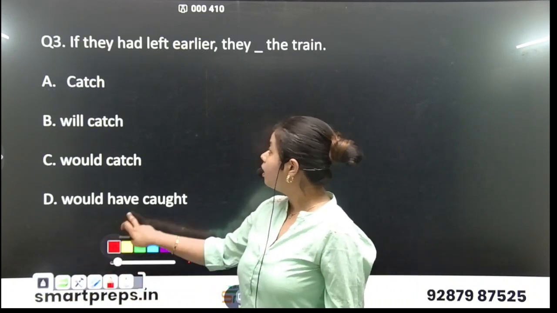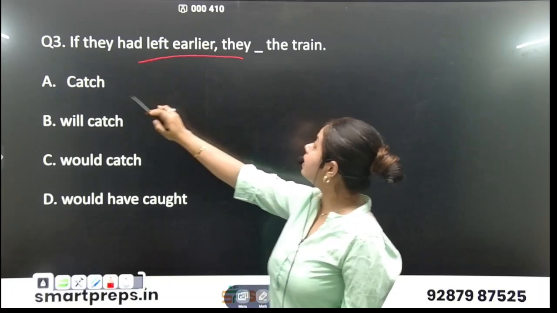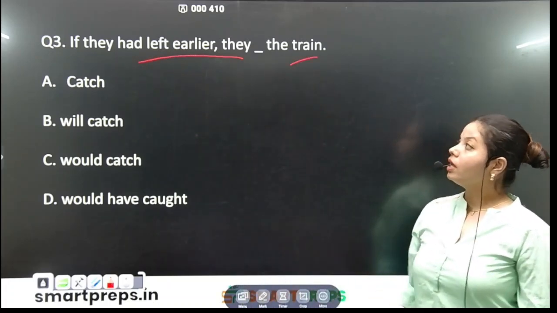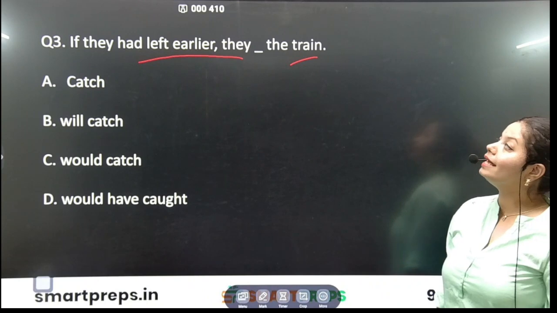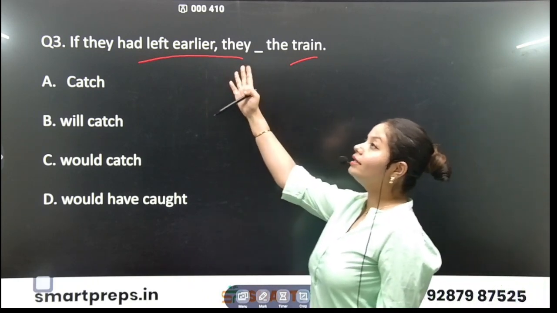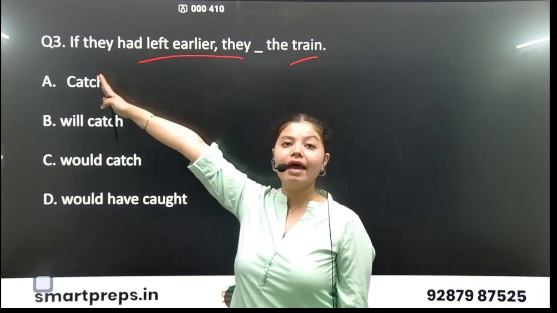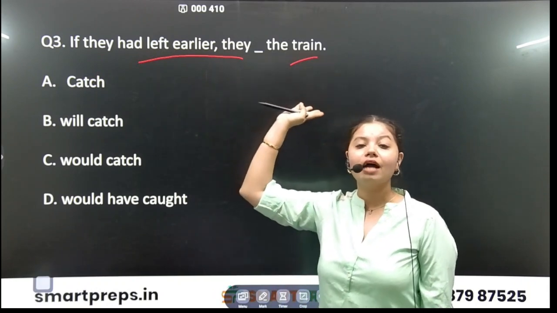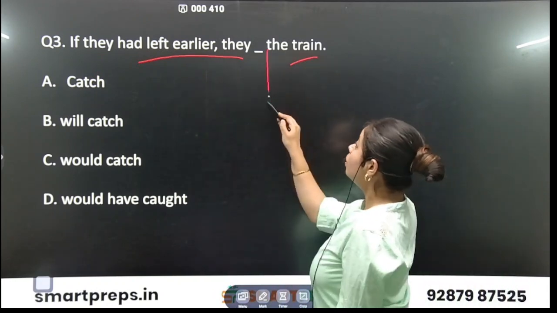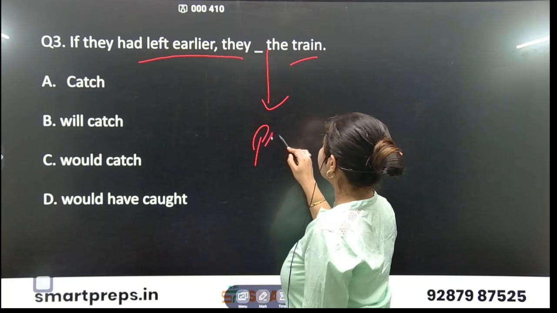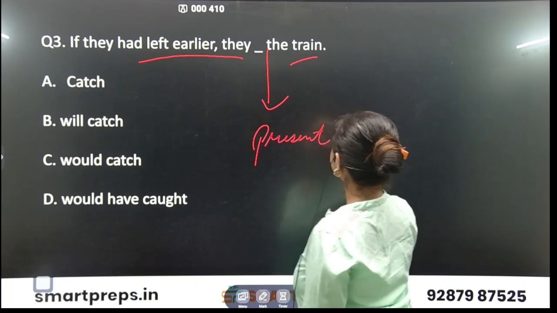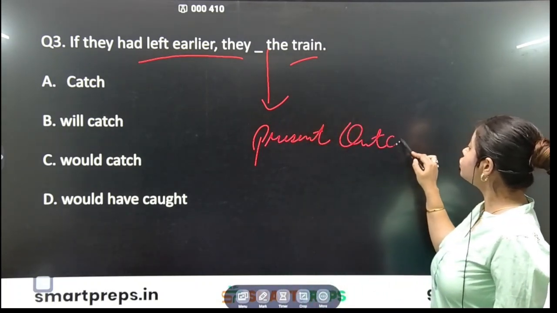If they had left earlier, they dashed the train. So it is what? The past condition and the present outcome. Which condition is this?